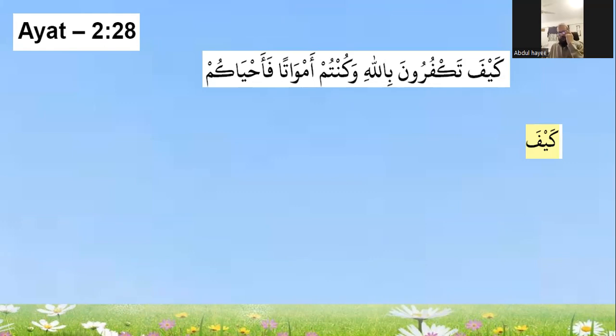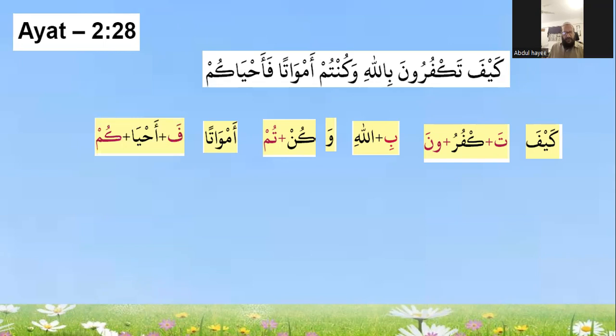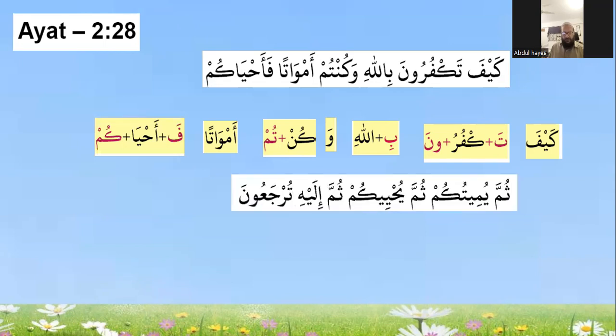How many parts? Ta, the plural, so ta and kafara. Billah, ba and Allah. Wa kuntum, three parts: wa, kun, and tum. Amwatan is a single word. Fa ahyakum, two words: fa ahya and kum is a separate word.